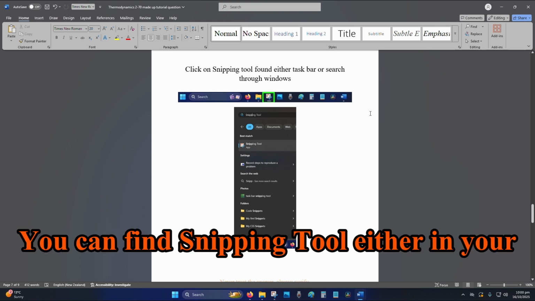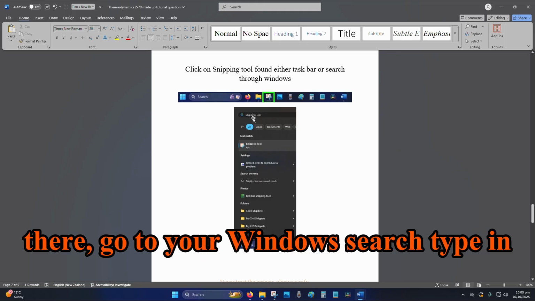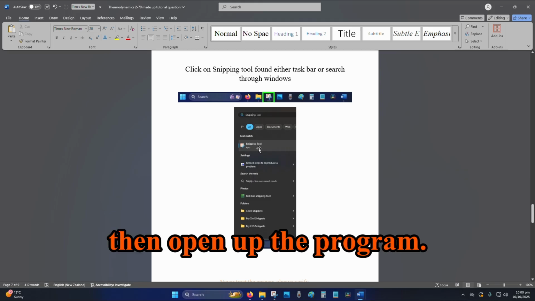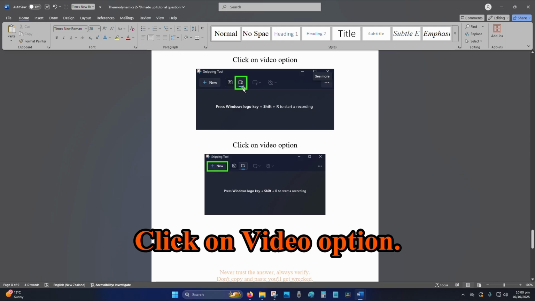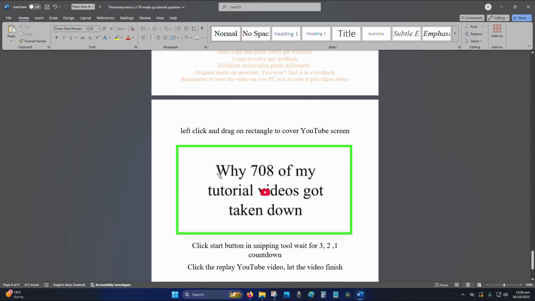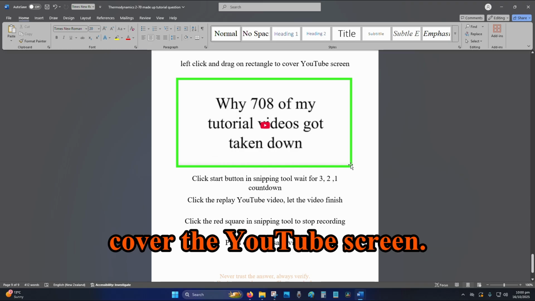You can find snipping tool either in your taskbar by the icon, or if it's not there, go to your Windows search, type in snipping tool, and then open up the program. Click on video option, click on new, left click and drag the rectangle to cover the YouTube screen.